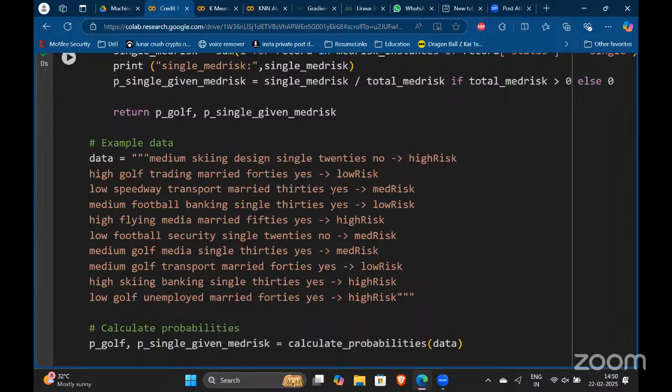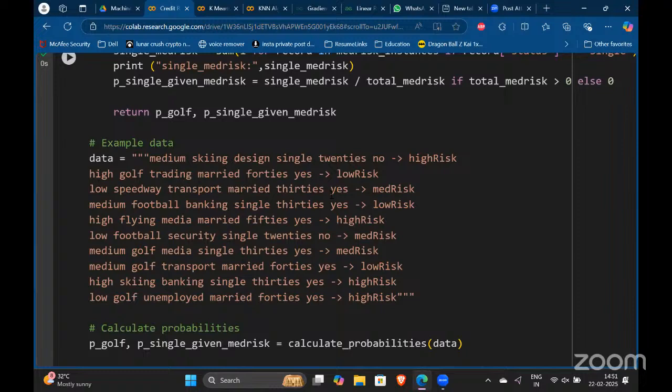So now what happens is, let's say mid risk is B and single is A. P of A intersection B is 2. So we have mid risk as B, right?